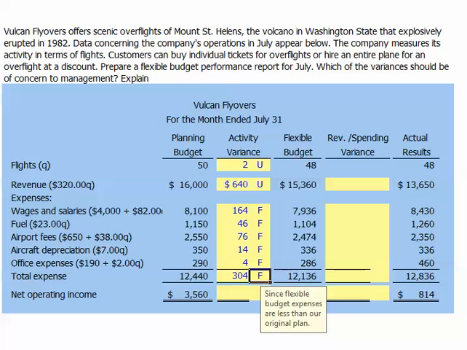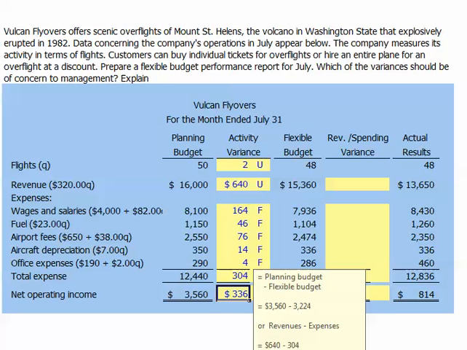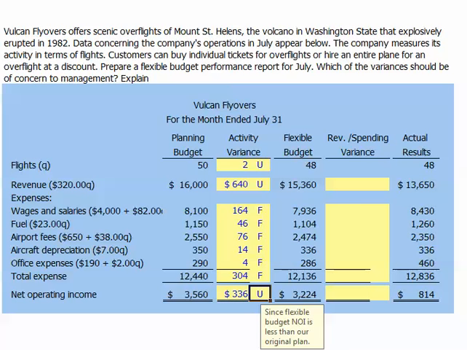Since we had a $640 unfavorable revenue variance and a $304 favorable expense variance, the difference between these is $336. So our net operating variance will be unfavorable, but only by $336. The unfavorable revenue variance was partially offset by favorable expense variances.